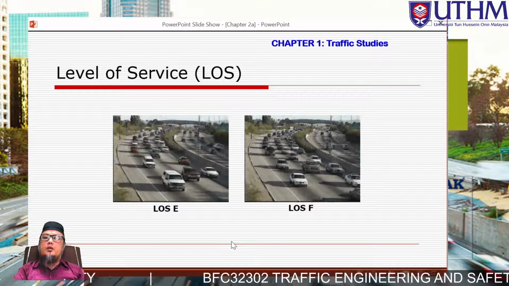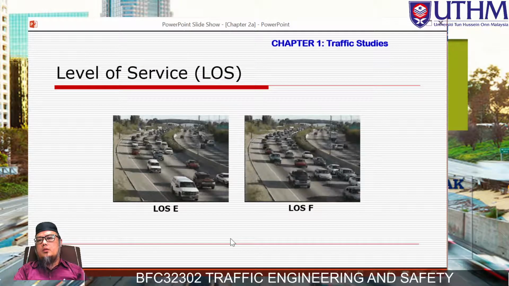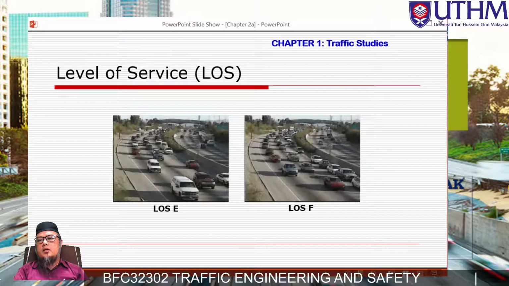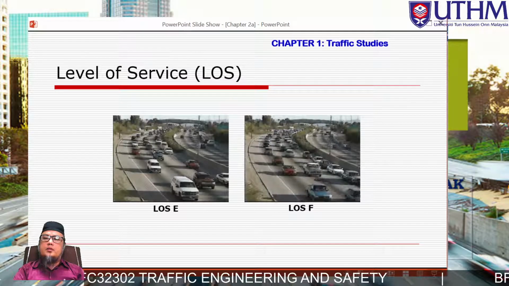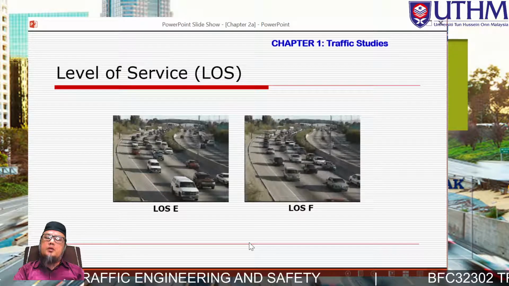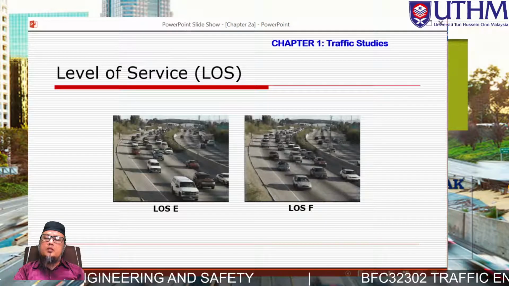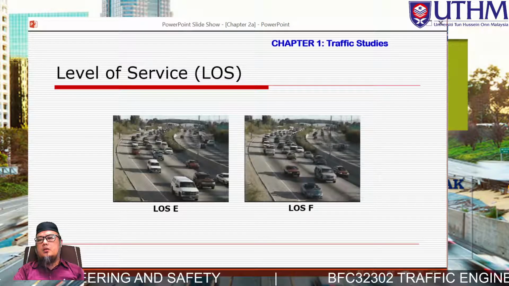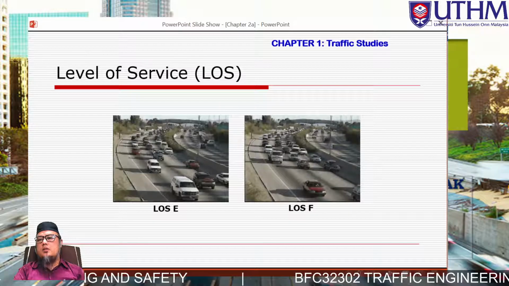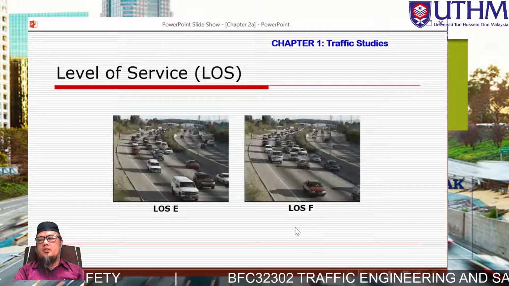Okay, from A to F level of service, typically we target that all highways should provide at least level of service C or D. Different locations might be fine at level of service D, because to make the situation, the traffic is really livable with activities.